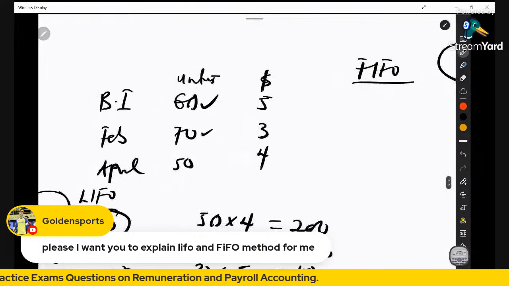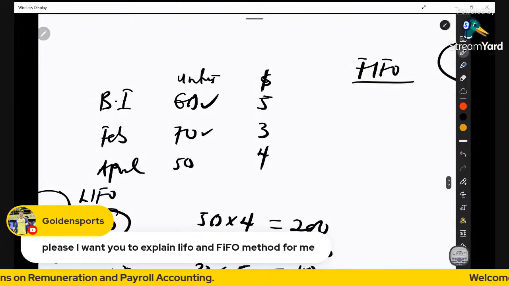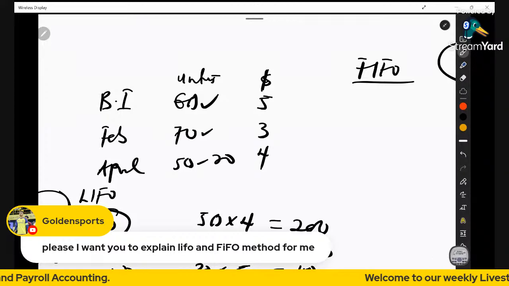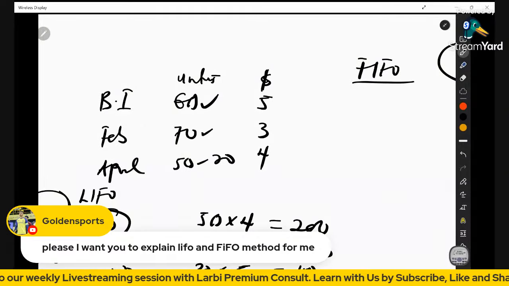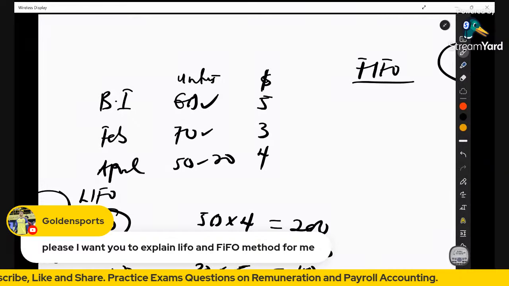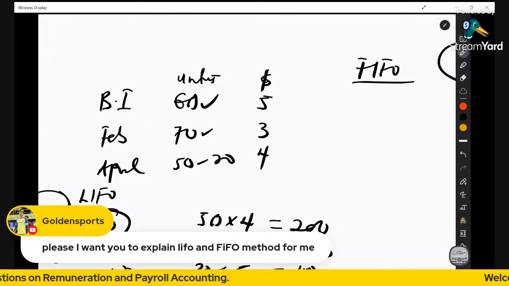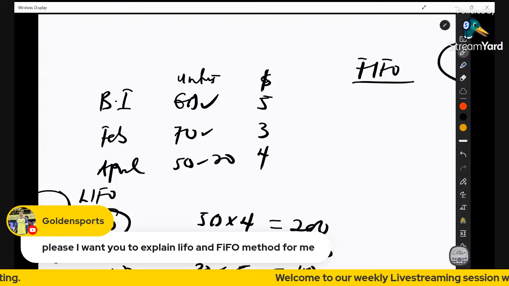So from April we can only issue just 20, with a value of 4, so whatever is left is going to be 30, and that's why we multiply by 4 to get the ending inventory for the period using first in, first out. I hope you get the principle. So that is the principle behind first in, first out and last in, first out. I don't know whether I've gotten my explanation across. That is the idea behind first in, first out and last in, first out.